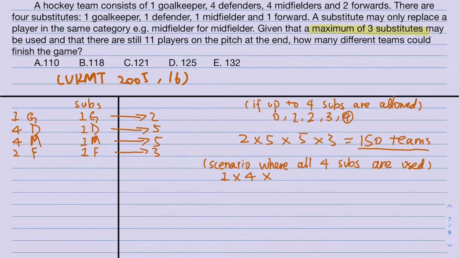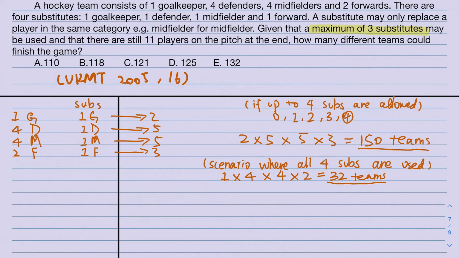And the same idea if you have, let's say, midfielders E, F, G, H, essentially you have 4 choices that a substitute can switch into. And for forwards, we have 2 choices. So this is the scenario where all 4 subs are used, and which gives us 32 possible teams.